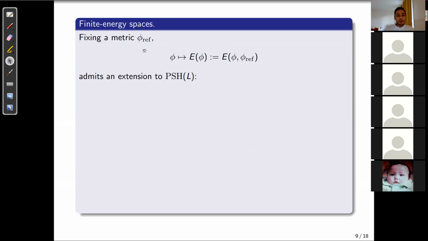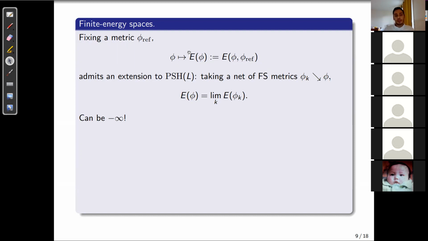So we're going to fix a reference metric that is going to be continuous on L, and then the assignment to a metric phi of the energy of phi with respect to phi ref is going to define a functional on the space of continuous PSH metrics. And we can extend it to the space of PSH metrics in general.